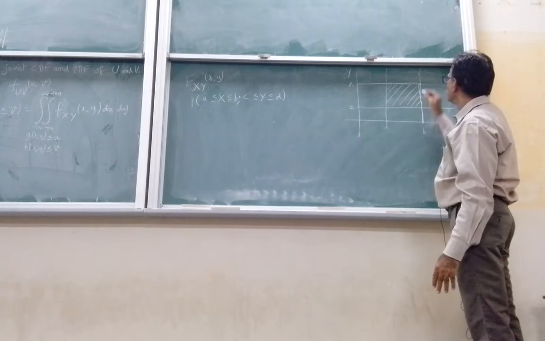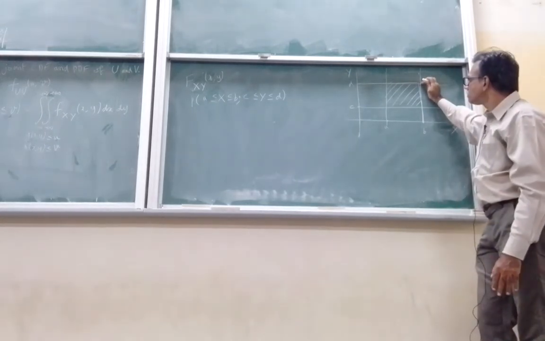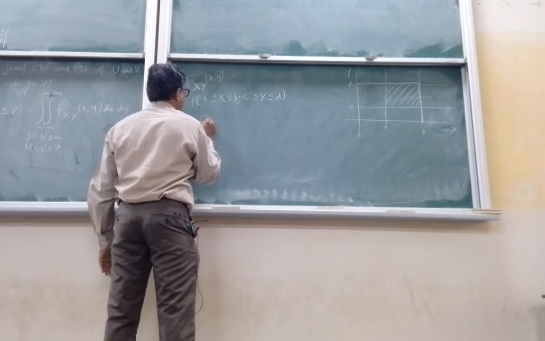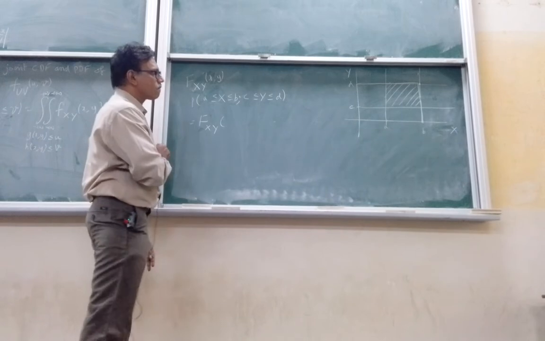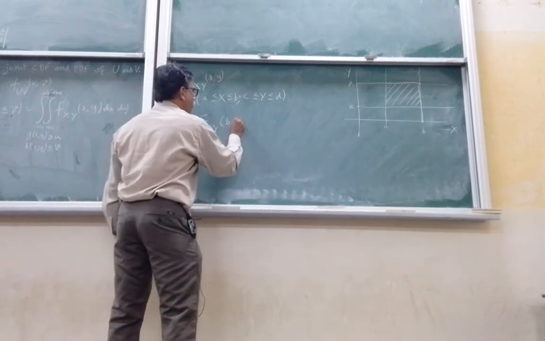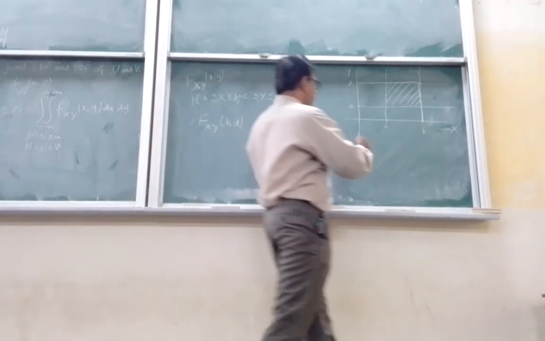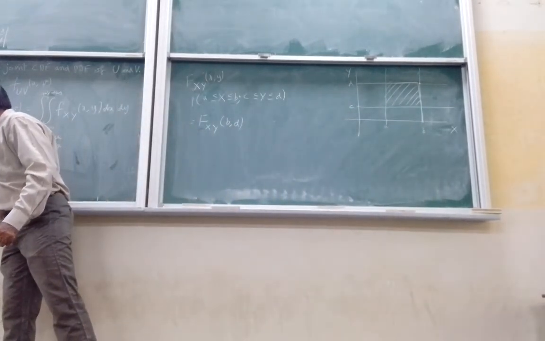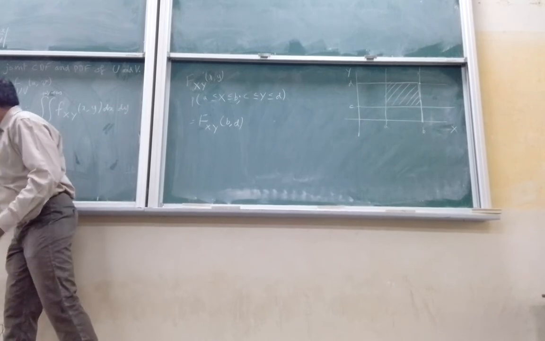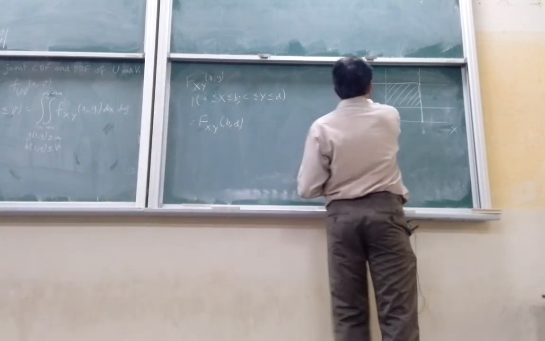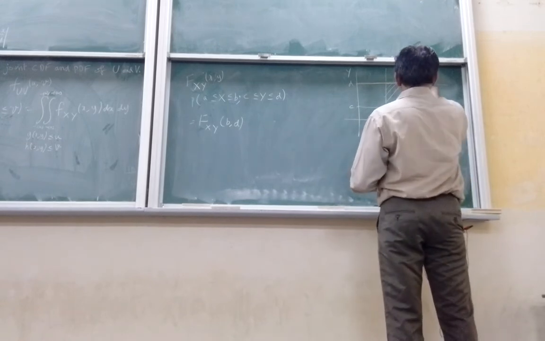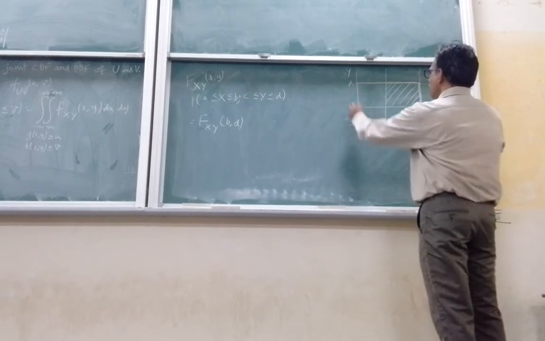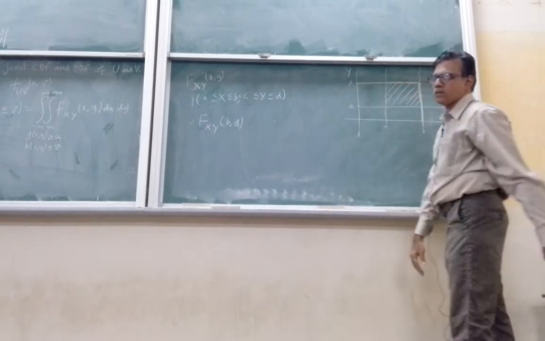What is this quantity in terms of the CDF? It is F_XY of B comma D. If I substitute B for x and D for y, everything below and to the left is given.